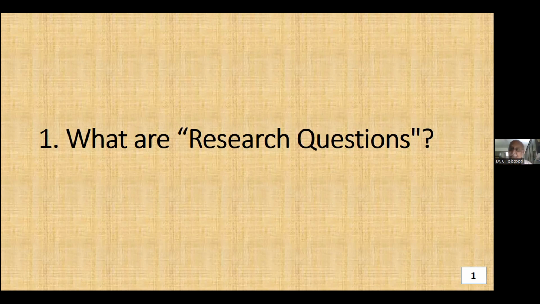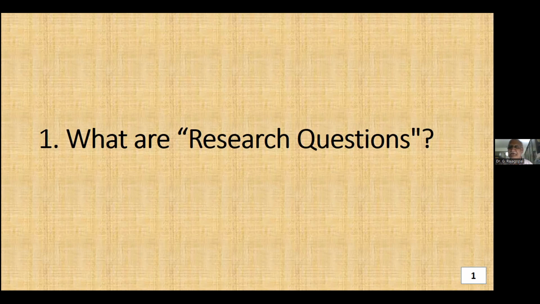Number one. Number two, research questions also help us in designing the research methodology. So it's not just drawing up the hypothesis, but designing the procedure that we wish to follow. How do we want to go? What kind of research am I going to carry out?